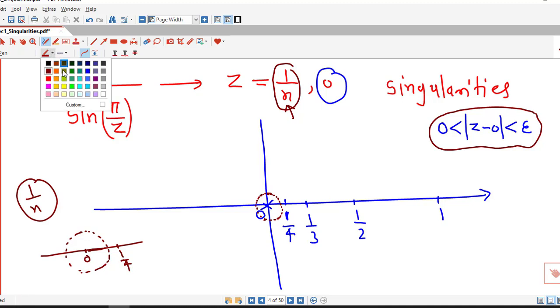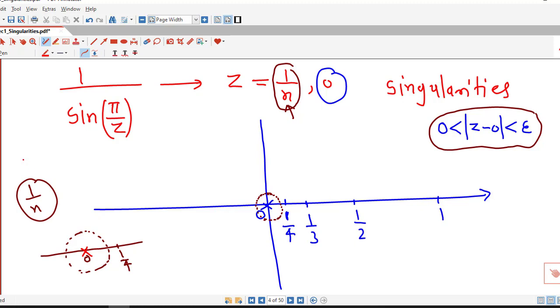So we are not having an isolated singularity at z equal to 0, because any deleted neighborhood of z equal to 0 will always contain this portion of the x-axis, between 0 and 1.